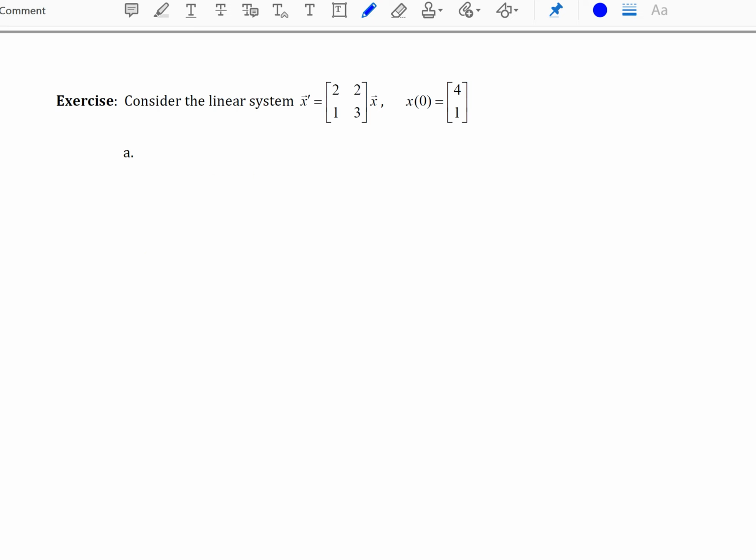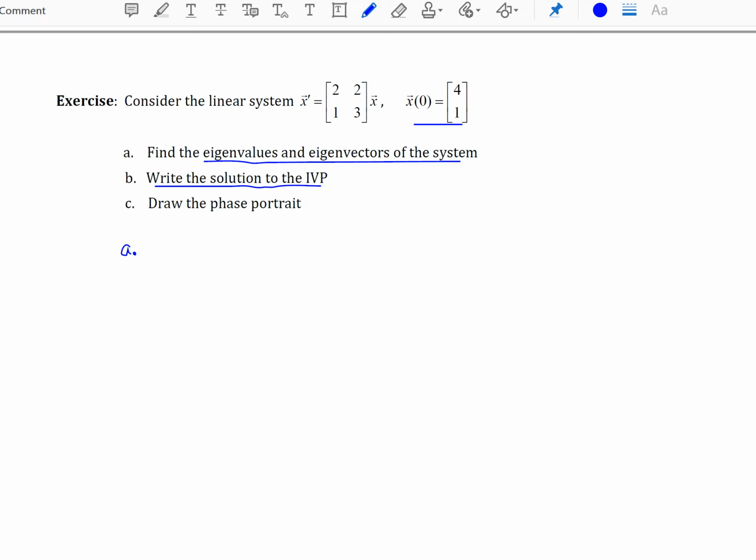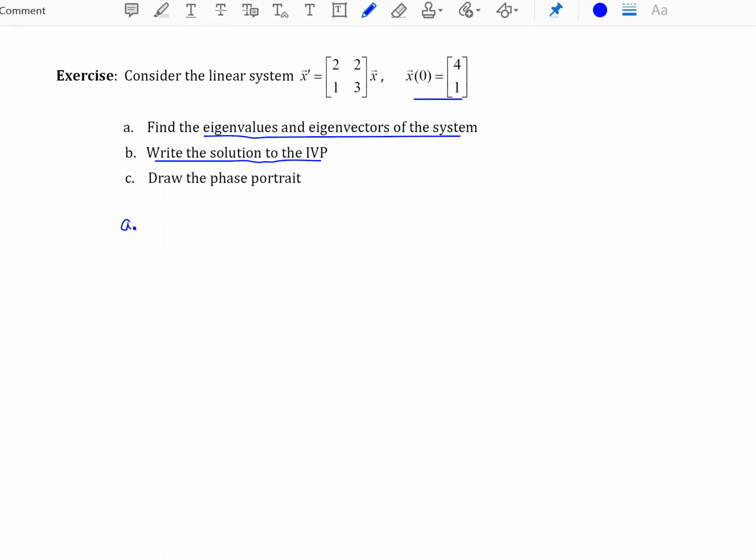So let's first find our eigenvalues. To find the eigenvalues, you have two methods that you can use.